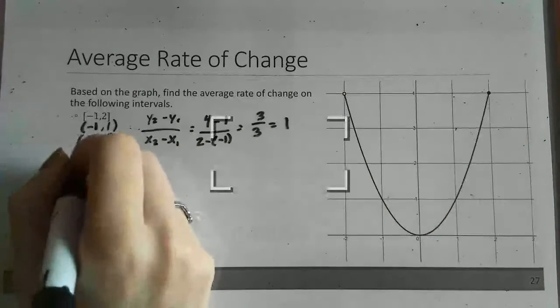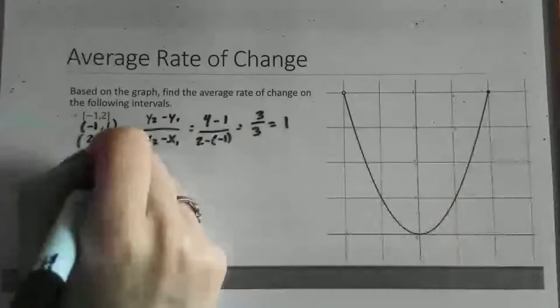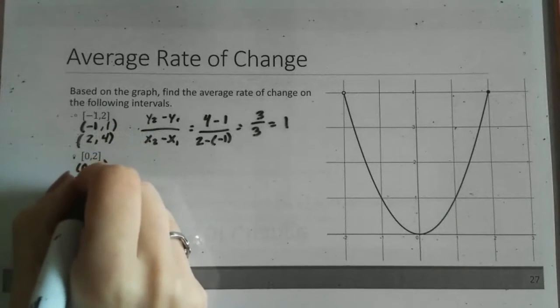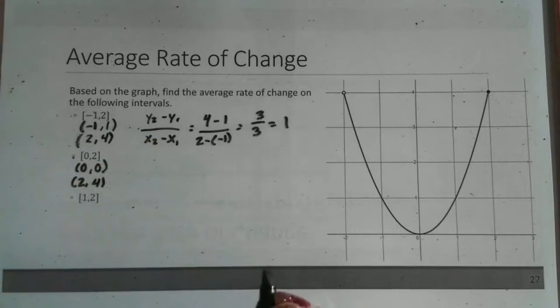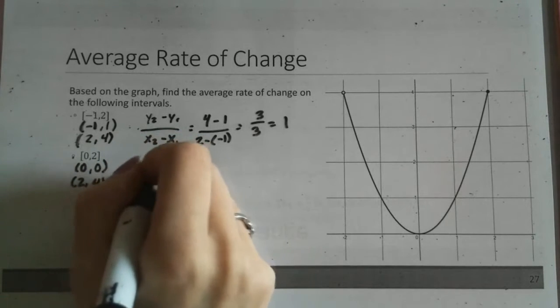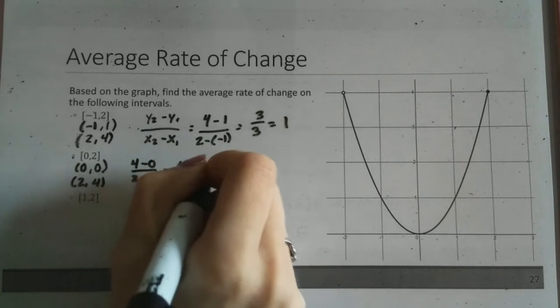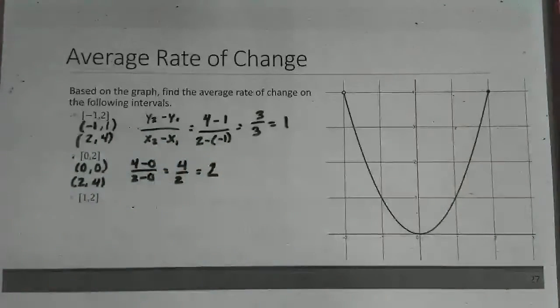Let's go from 0 to 2. If x equals 0, then y equals 0. And we already know if x is 2, then y is 4. If we plug into the formula for average rate of change, we get 4 minus 0 over 2 minus 0, which is 4 over 2, which gives us 2. So the average rate of change between 0 and 2 is 2.